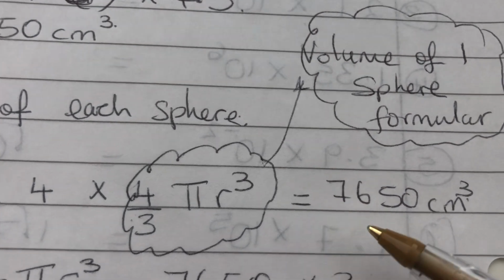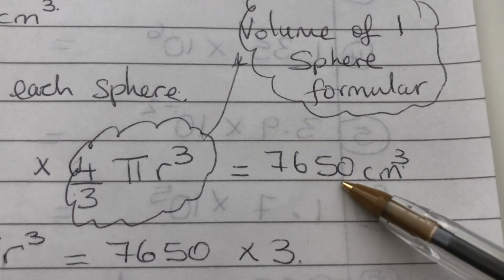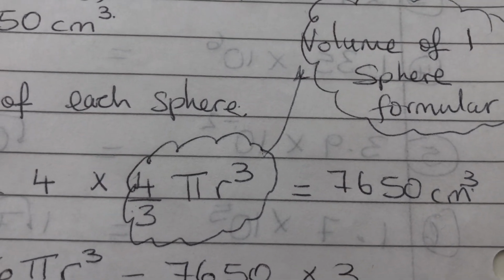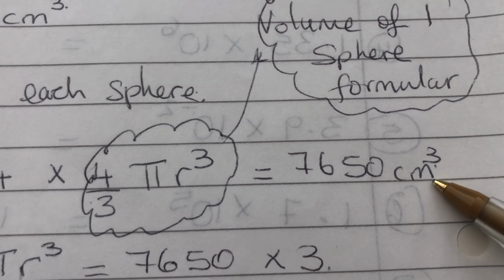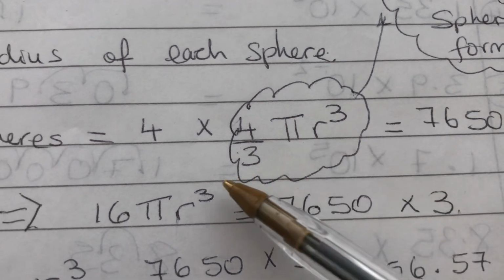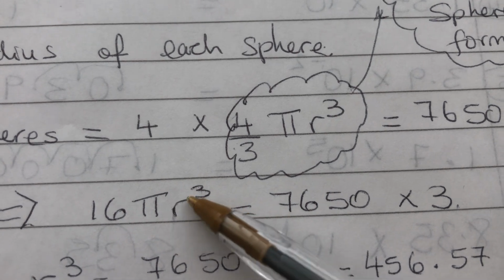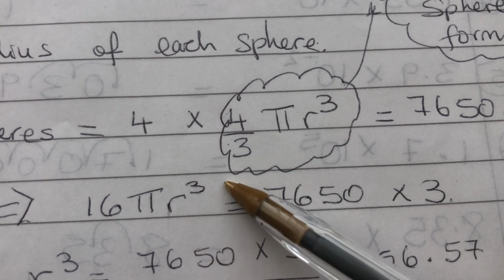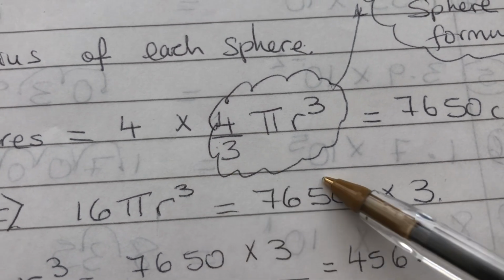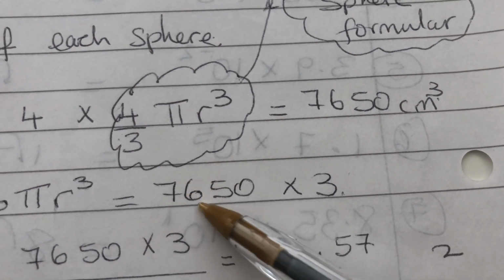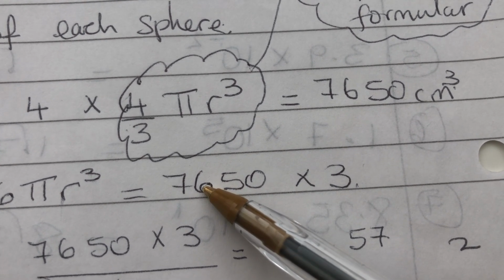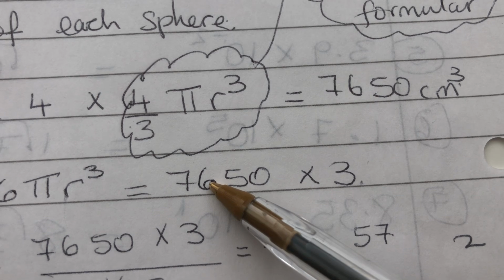And then you equate it to the volume that you get when you submerge them, that you've just found earlier on. So now, if I multiply both sides by 3, I have 4 times 4 over 3 pi r cubed, becoming 16 pi r cubed. The r here is the radius of the sphere, and the volume is the volume of the water when you put in the spheres.